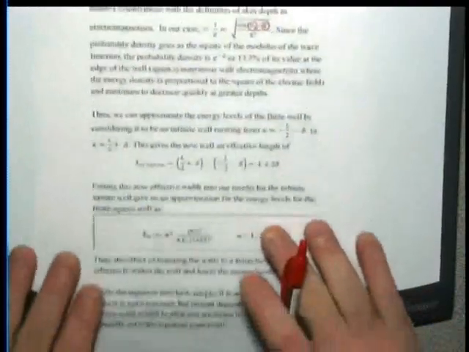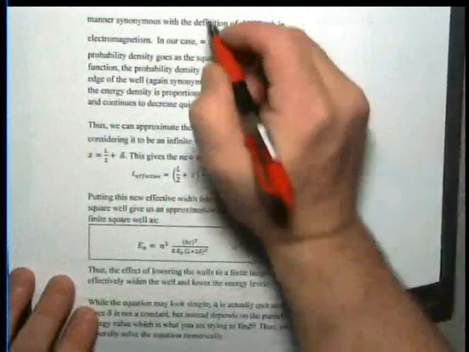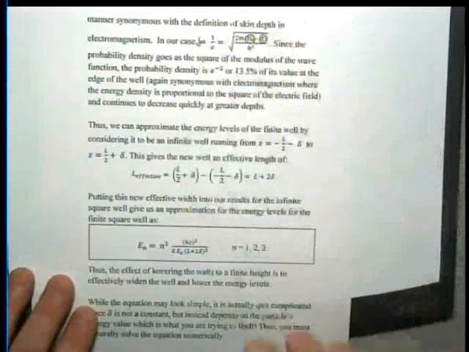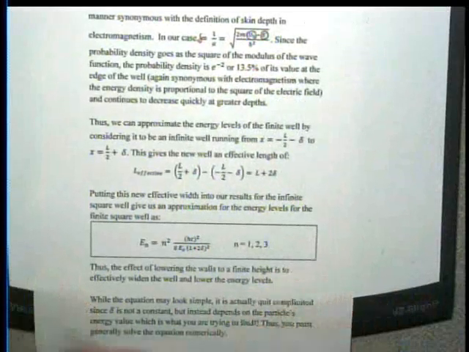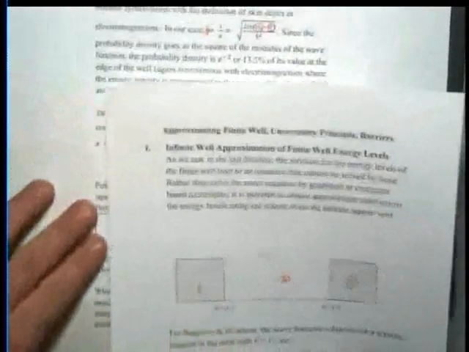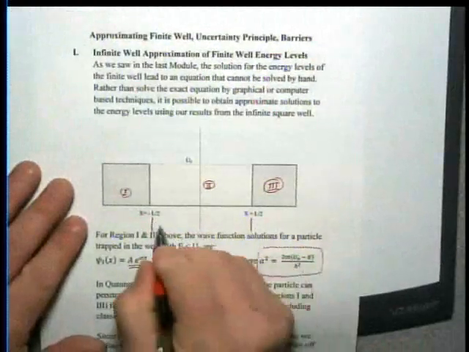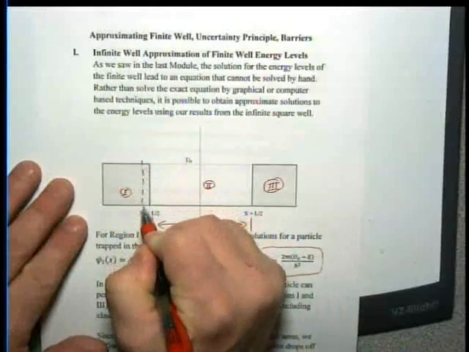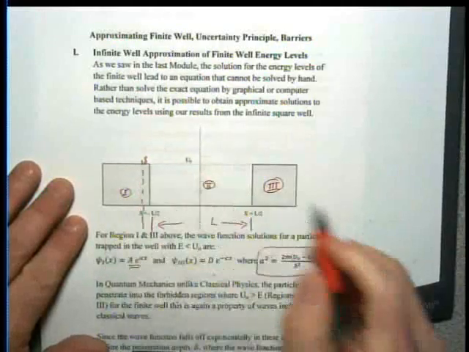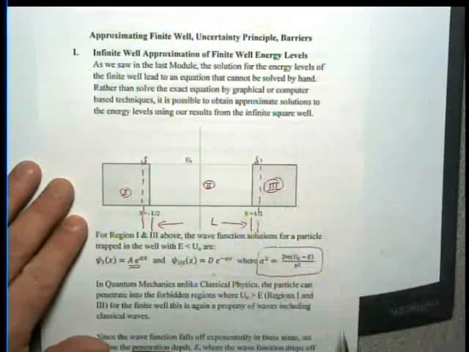Now, what's done is that we take this delta, which, by the way, is missing a delta up here, and we say, hey, look, with my well, I'm not going to call its length just L. I'm going to say that it extends a distance delta out this way, and it extends a distance delta out that way.